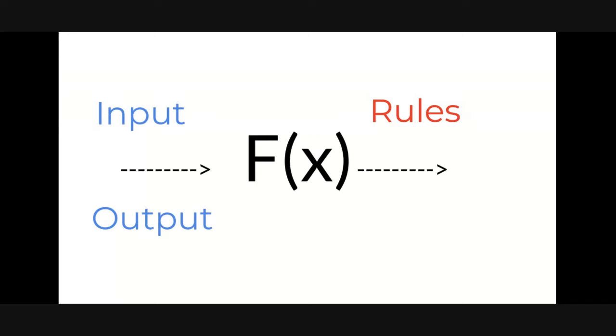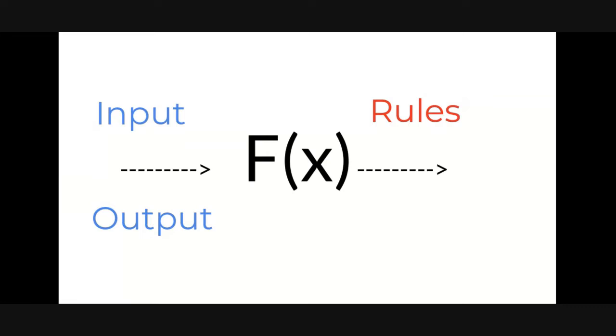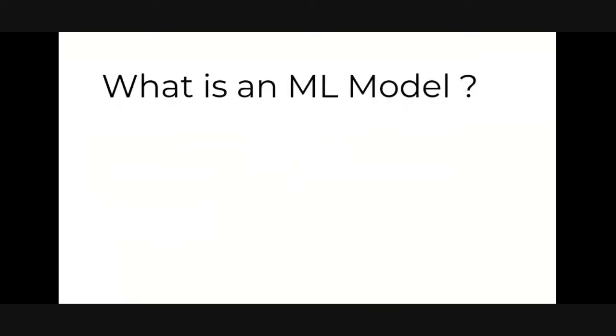So what is an ML model? In the previous slide, we saw something like f of x: some input, then an output, and then some rules. So if we ask what is ML, it's basically a mathematical function.